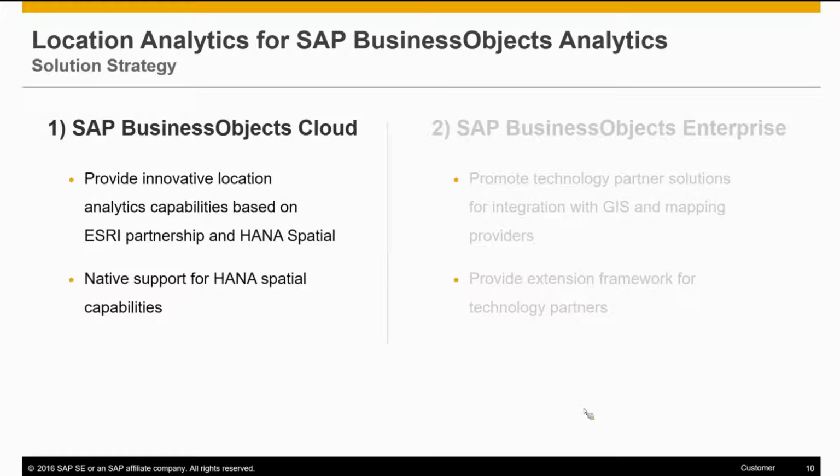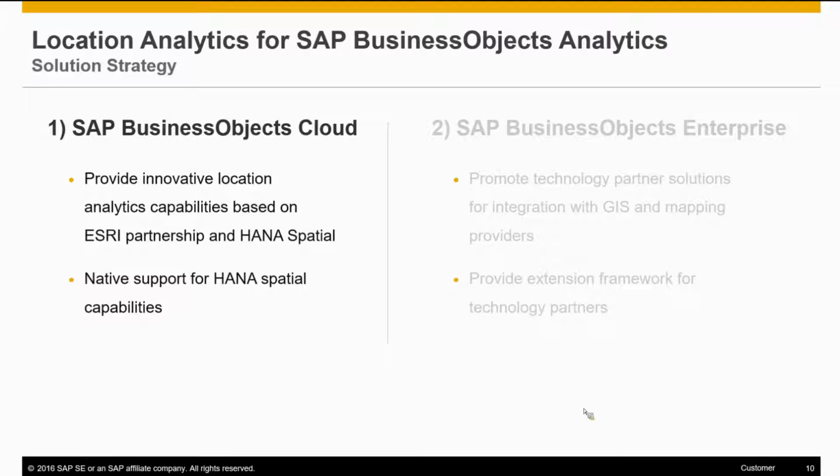There's a very rich partner framework there, and those partners are not exclusive to the Business Objects Enterprise framework, but today we're working predominantly with Esri on the Business Objects Cloud side, whereas the Business Objects Enterprise portfolio has a longer and more storied history and has more partnerships integrated into the traditional landscape.